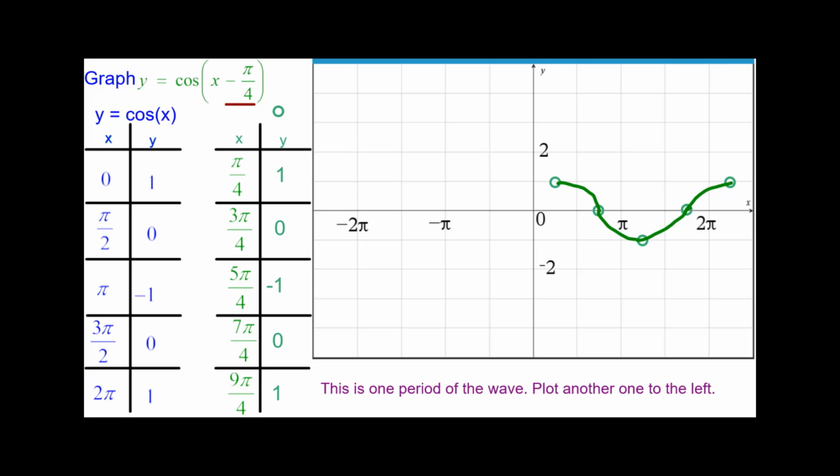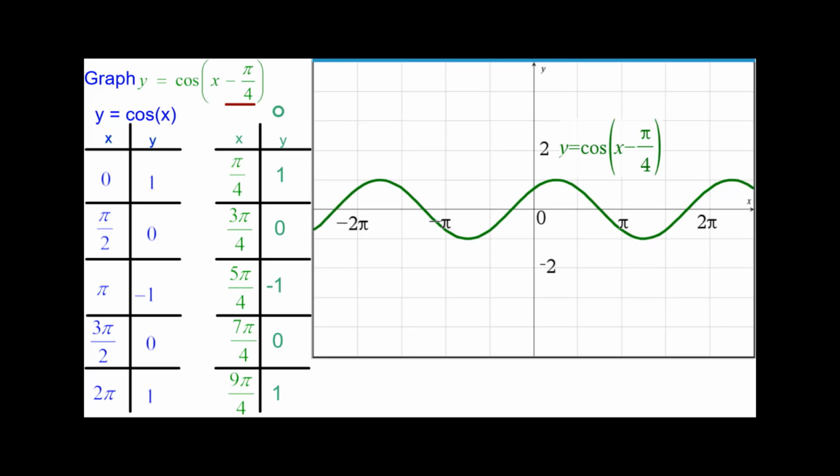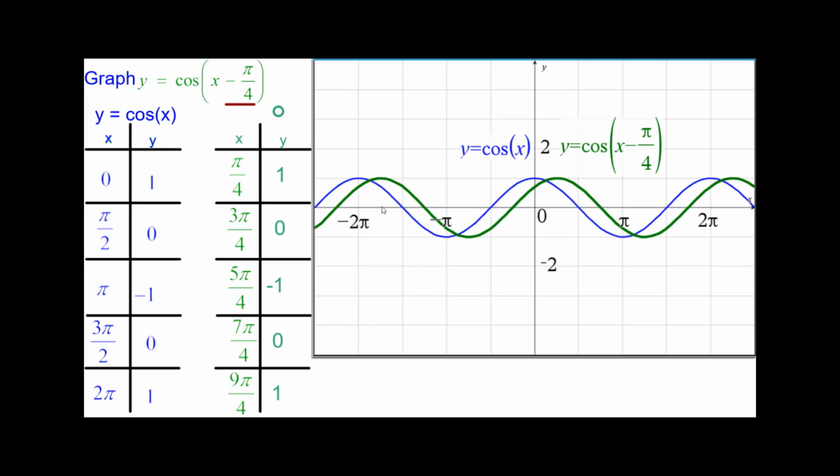And we can plot another period to the left by going back 2 pi from each of the points of interest. And then we can connect as another cosine wave. Comparing to the cosine parent function, we can see again from blue to green, every point is shifted to the right pi over 4 units, a phase shift of pi over 4.